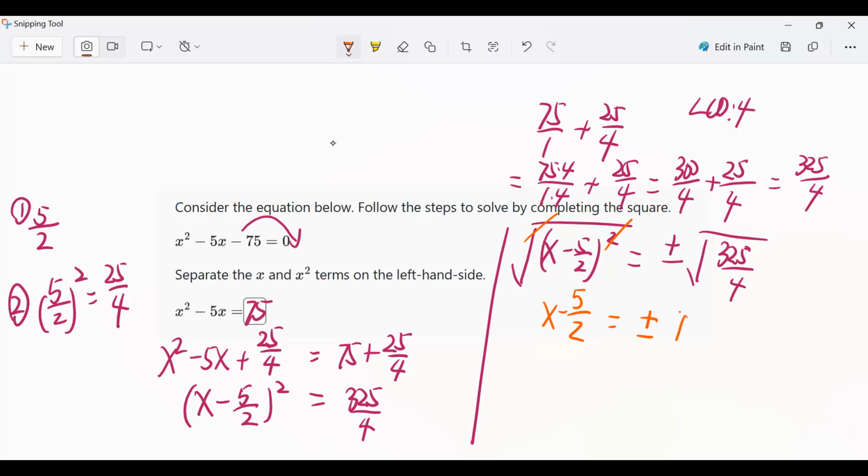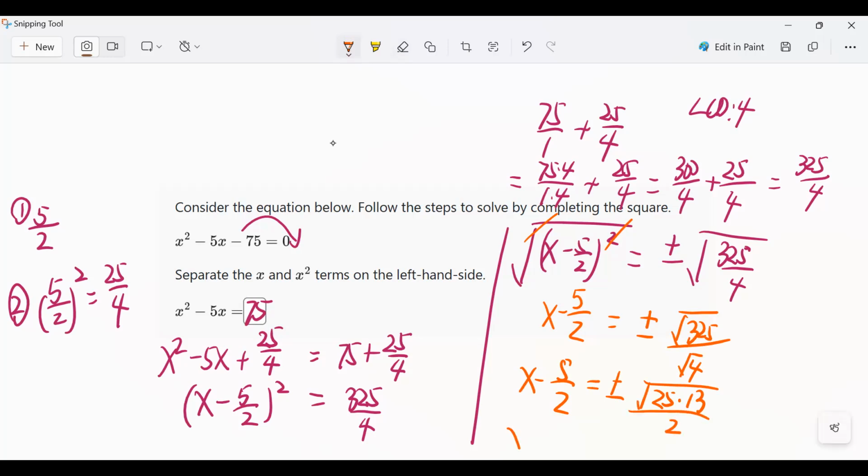So we're gonna do the square root of 325 over the square root of 4. Square root of 4 is 2, so it's x minus 5/2 equals plus or minus, and 325 could be written as 25 times 13. 25 goes into that and gives us 13. 25 times 13 is 325. On the bottom, it becomes 2.